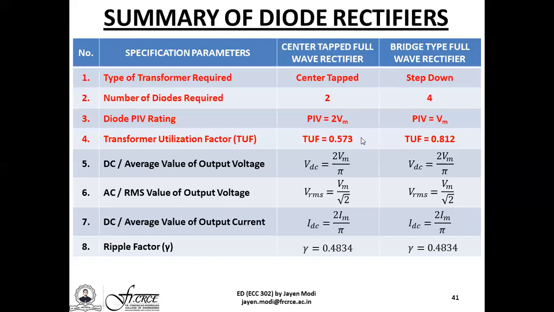Although you may argue that this uses two diodes more compared to center tap, with the much better advances in semiconductor fabrication technologies, the cost of the PN junction diode is always going to decrease day by day. So using two extra diodes will not make much of a difference for a bridge type full wave rectifier circuit as compared to the center tap.